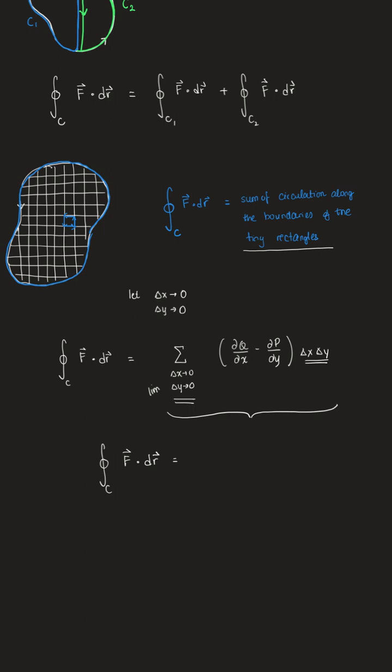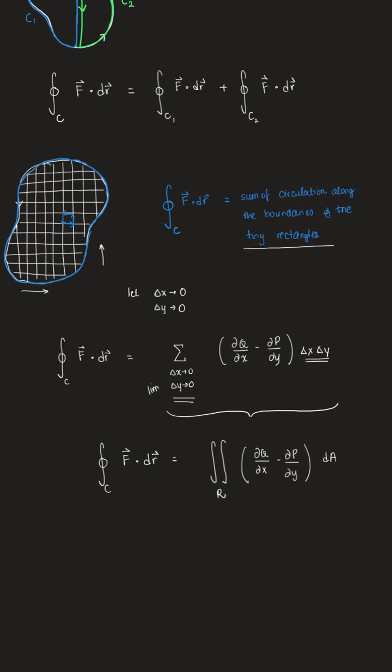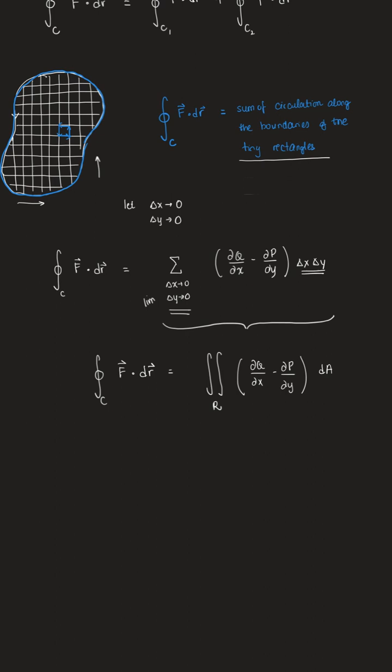That's going to be equal to a double integral over the region where we count up the circulations of these little rectangles along x first and then along y, of the curl times our little area element. And that has given us then Green's theorem. So this is Green's theorem, and it's the circulation form.